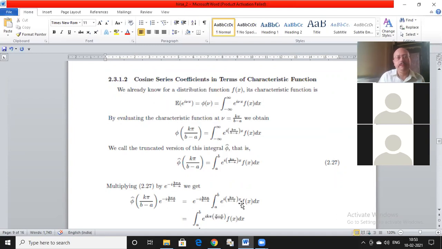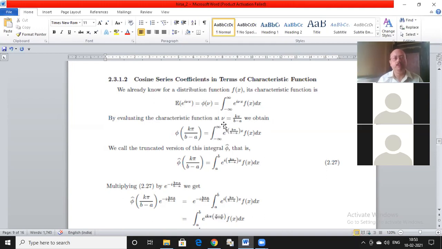So for any distribution function f(x), probability function, my characteristic function is given by the integral of e to the power i nu x f(x) dx over minus infinity to infinity, over the whole real line. And I can do the same change of variable here very easily and define it in terms of theta in 0 to pi, so that I get back to the trigonometric flavor.